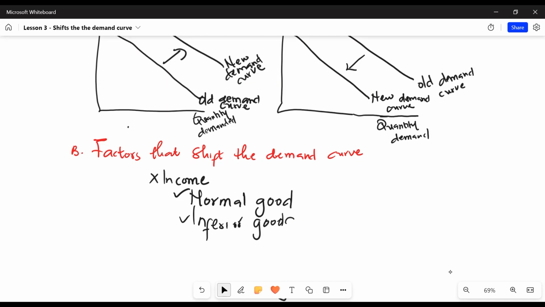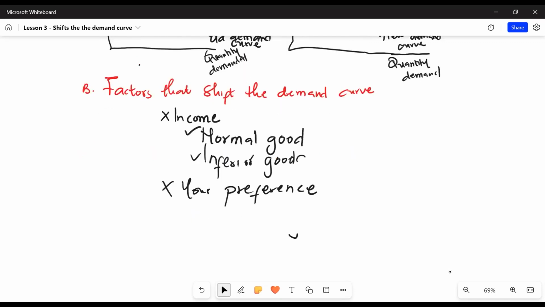The next factor that shifts the demand curve is your preferences. A change in preferences that makes one good or service more popular will shift the demand curve to the right.